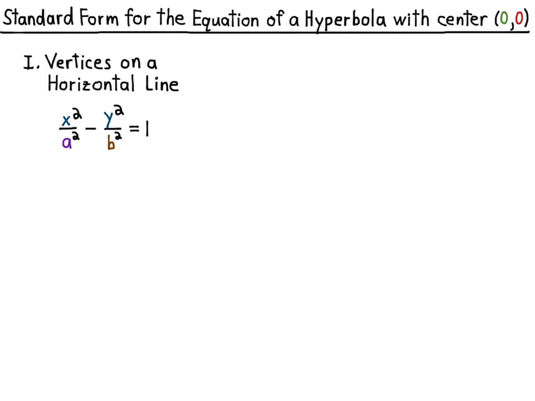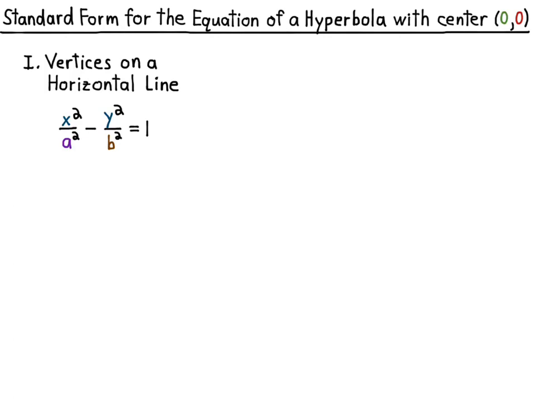And that's the way it's going to work with hyperbolas. Remember, with ellipses, the a stayed with the x always, and the b stayed with the y. That's not true for the hyperbolas. You'll see the second type will have y squared over a squared, and x squared over b squared. Okay? So you just have to get used to this.